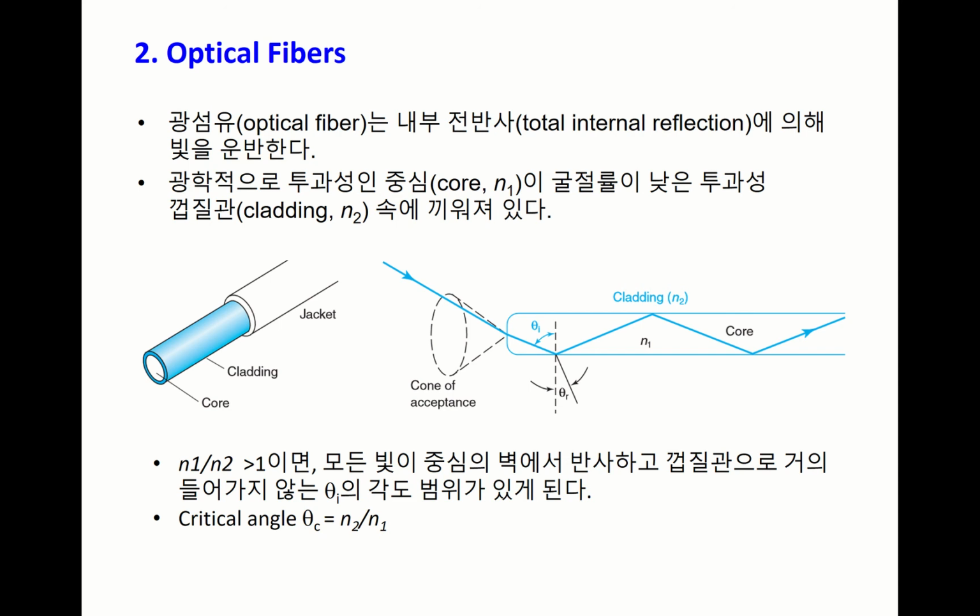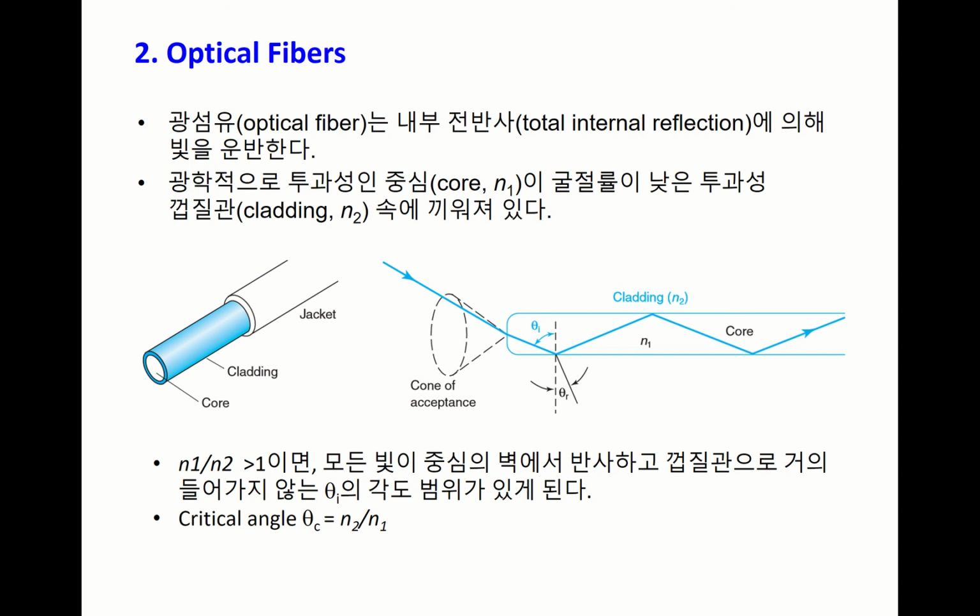It never bends in ordinary cases. But with an optical fiber, you can guide light from one place to another place, although that place is not linearly connected.